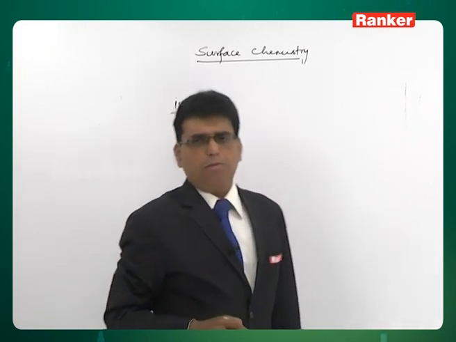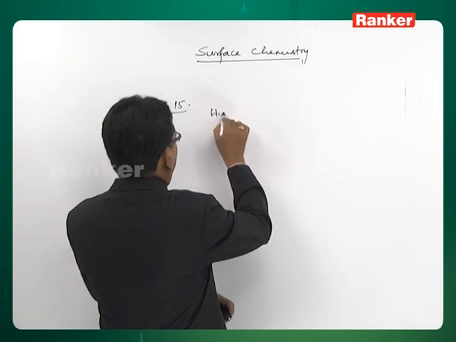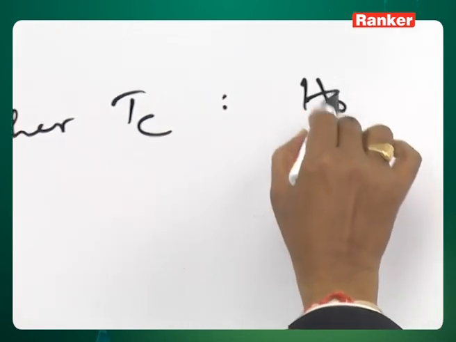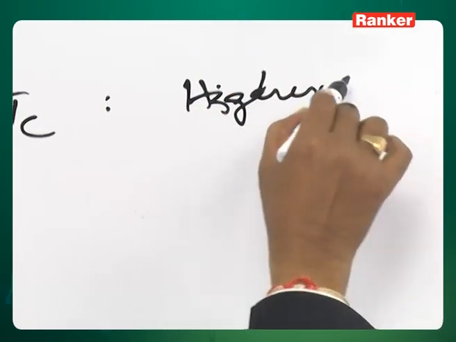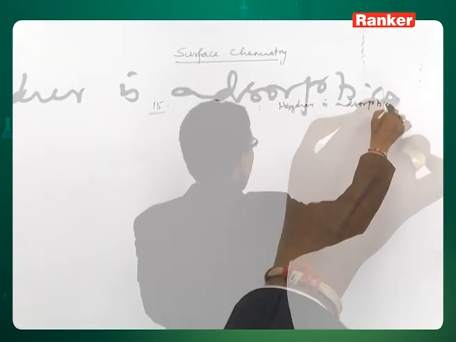Let us move on to question number 15. The critical temperature of SO2, CO2 and NH3 are 157, 31 and 133 degrees Celsius respectively. The volume of the gas adsorbed by a given mass of adsorbent under similar conditions. Here, as we told in one of the previous questions also, higher the Tc, higher is the adsorption.